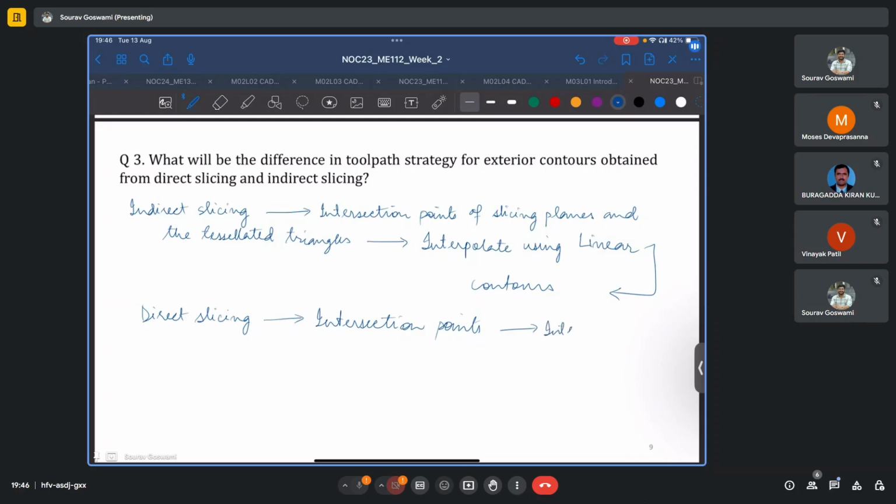We must interpolate using higher order functions. One example can be, say, polynomials, but there can be other families of curves, and then we end up with the contours.